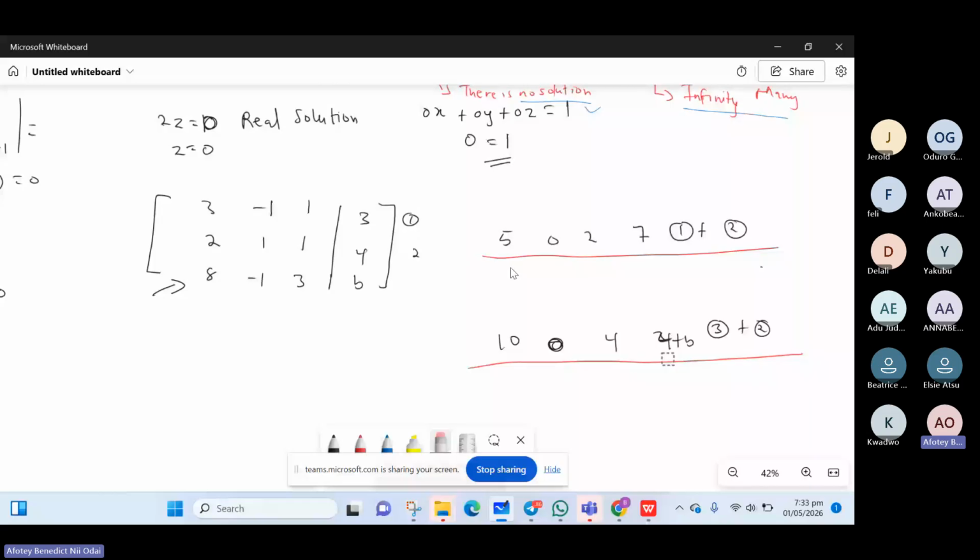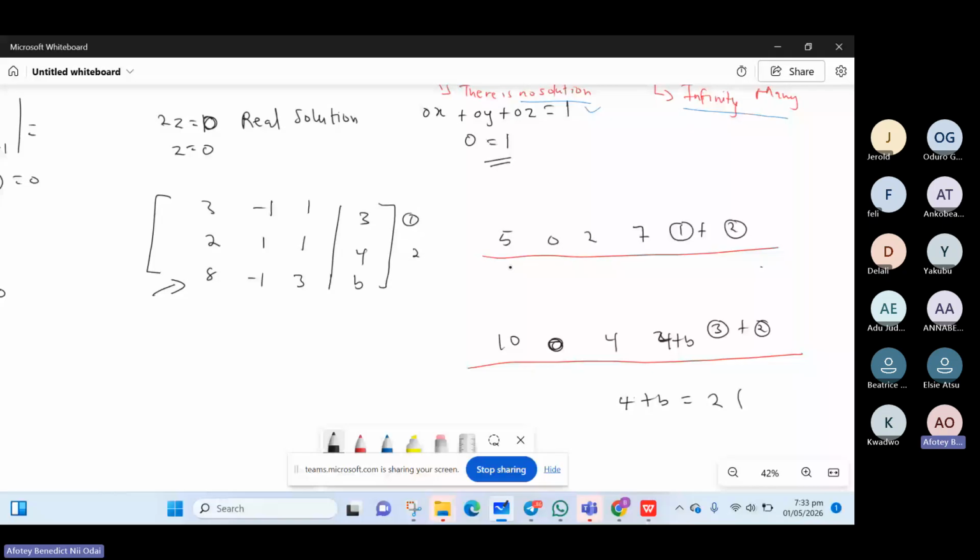But with this, we can see that this equation, which we got by adding 1 and 2, is 2 times the top one. So by observation, 4 plus b will be equal to 2 times the value here in the first equation.